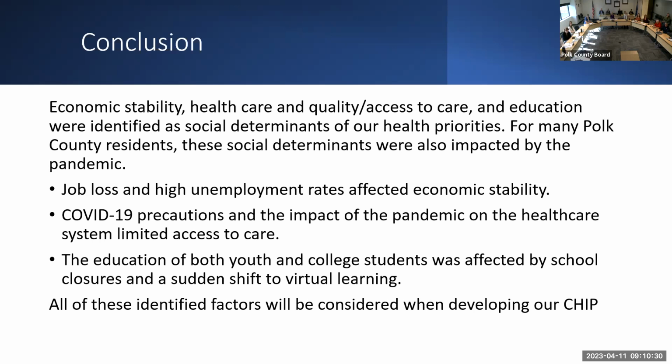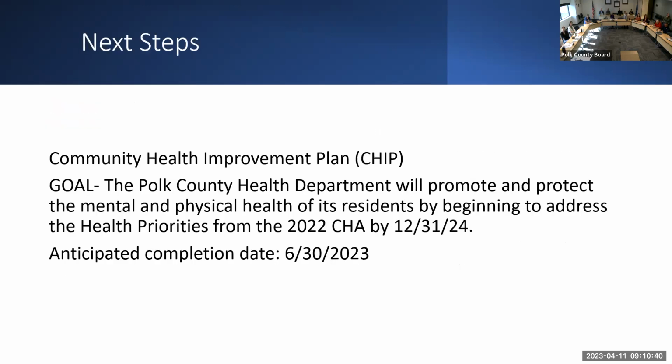All of these identified factors will be considered when developing our Community Health Improvement Plan, or CHIP, and we have some more slides where we'll go into our next steps. The next step after the CHA is completing the CHIP.